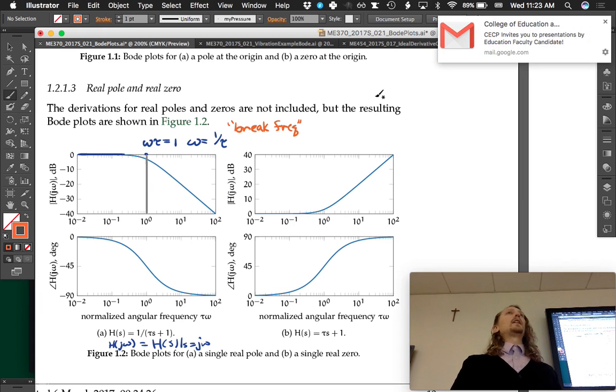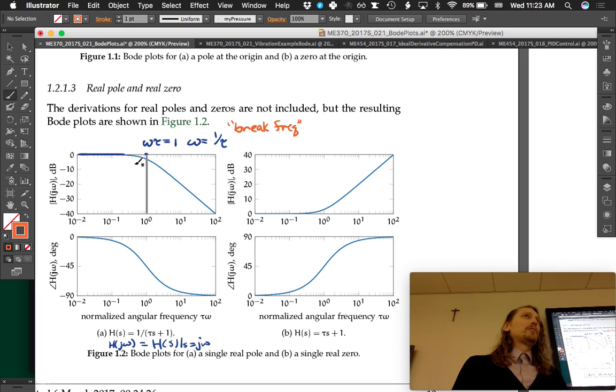If you're thinking of this as a low-pass filter, then we would call it the cutoff frequency. Break frequencies are often cutoff frequencies for filters because the plots change there.